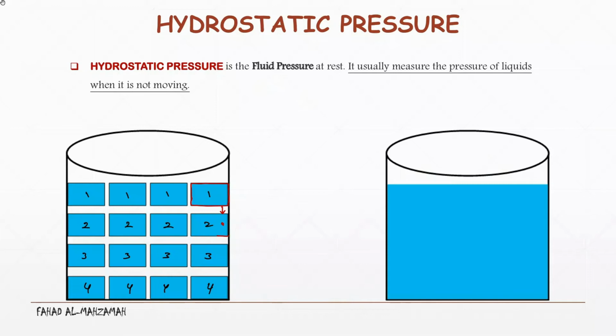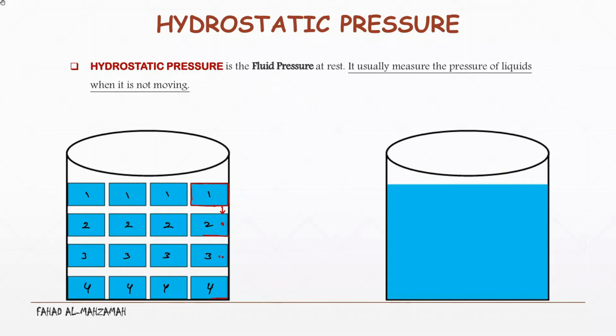Now what about molecule number 3? Molecule number 3 is braced by 2 molecules on top of it, which are number 1 and number 2. So we have now more pressure. Now what about number 4? Molecule number 4 is exposed to more weight and more pressure than the top molecule.